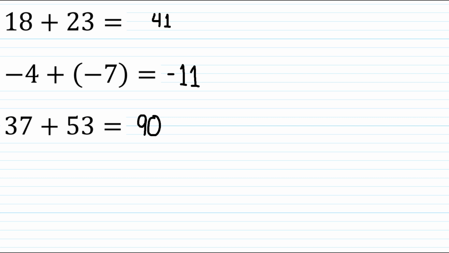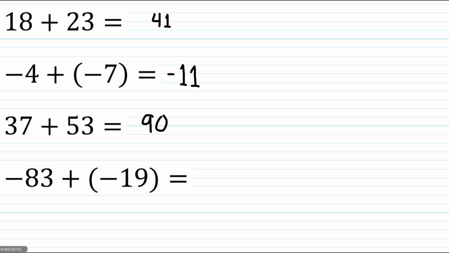Then, another example for addition of same sign numbers or like sign numbers, we have negative 83 plus negative 19. So, again, get the absolute value of the numbers. So, we have 83 and 19. We can just simply add 83 and 19. Okay?